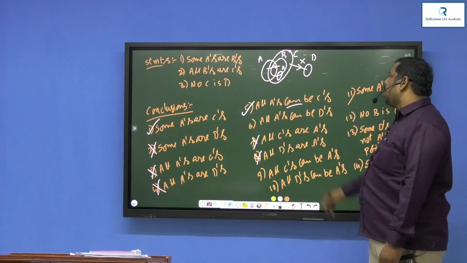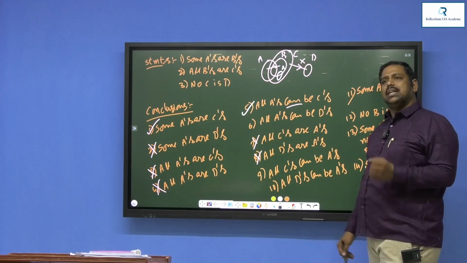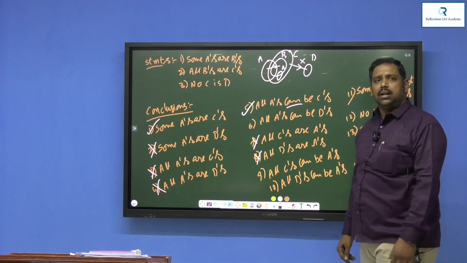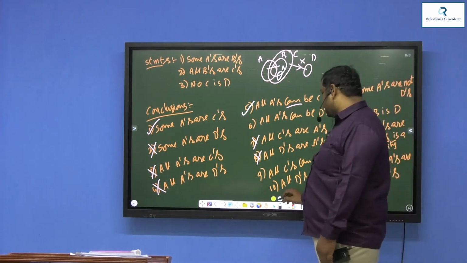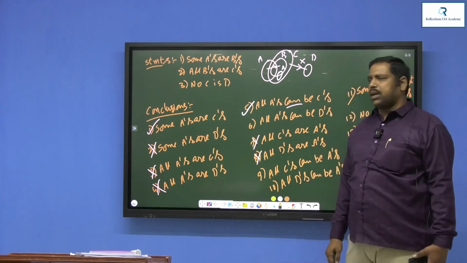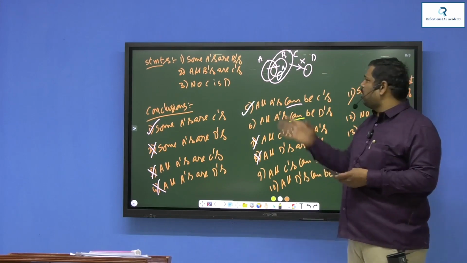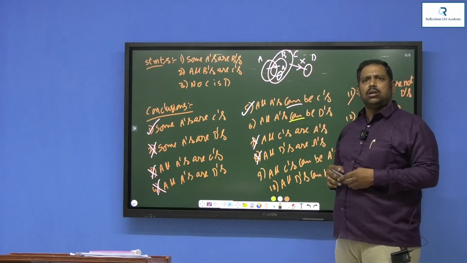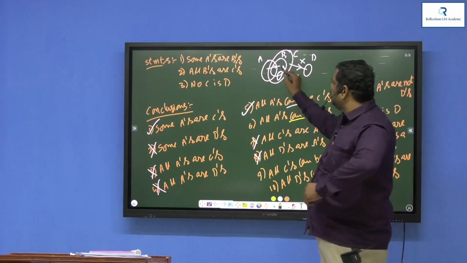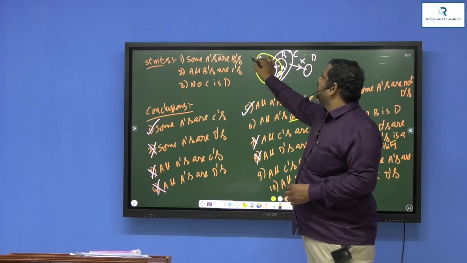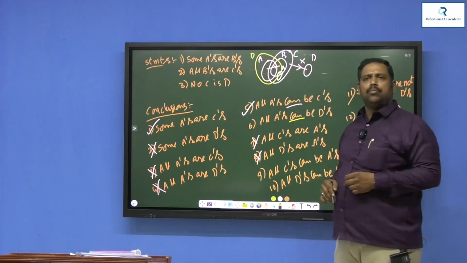Good. Next one. All A's can be D. Now I have to try it as a possibility, right or wrong? Possibility means if required, I will amend the basic diagram. Are all A's becoming D or not? Not. Then what I will do is, sir, D has no relation with C, yes or no?